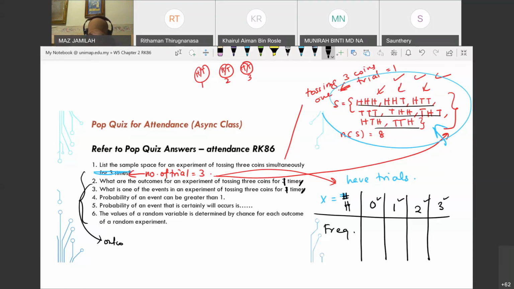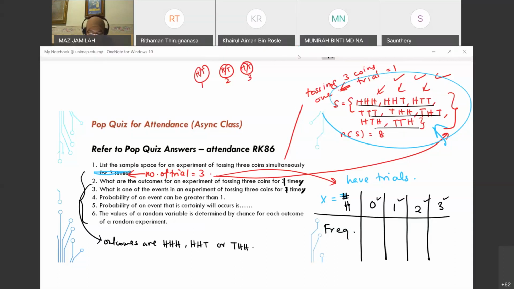Outcomes are, for example, HHH, HHT, or for example, we just take three examples, THH. These are all examples of outcomes if you toss three coins simultaneously at once.